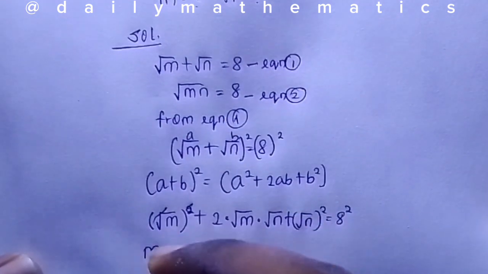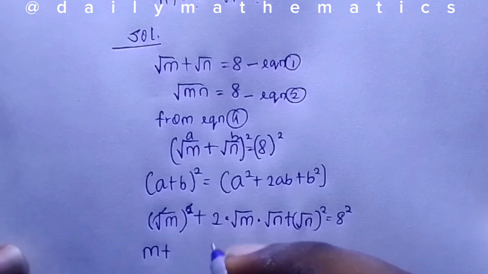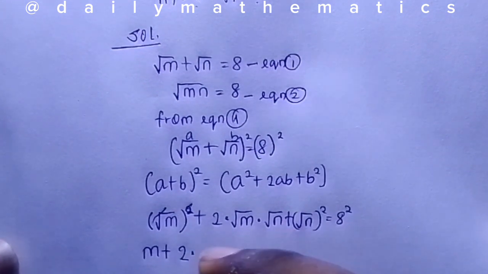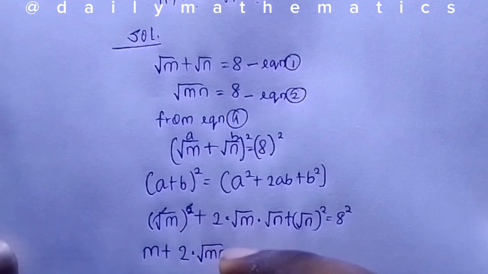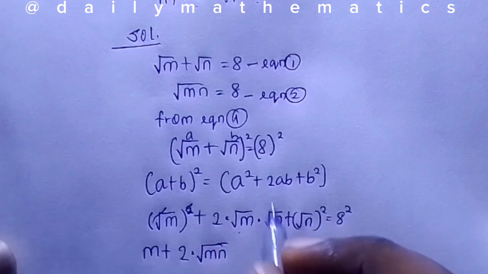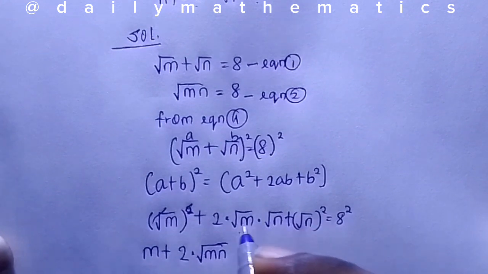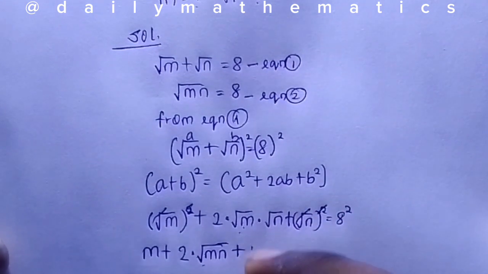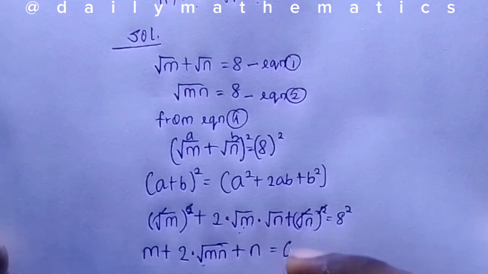We have m plus 2 times √m times √n, which is √(mn), plus n equals 8 squared, which gives us 64.